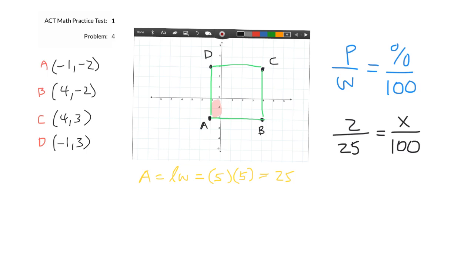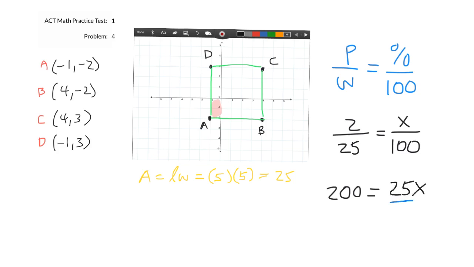And from here, you could always cross multiply. There's a couple ways of doing it. You can also realize that 25 times 4 would give you 100, so therefore 2 times 4 should give you 8. That's something worth considering. Let's say we chose to do it the more textbook way, and that means cross multiplying. So 2 times 100 would give us 200, and 25 times this x right there would give us 25x.